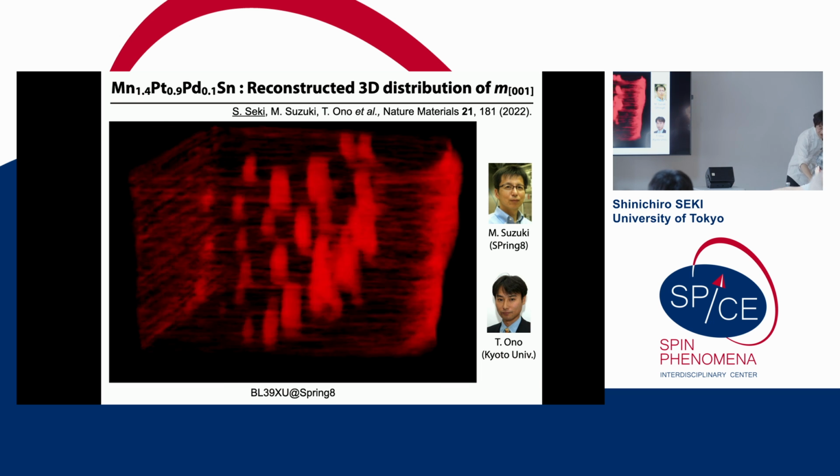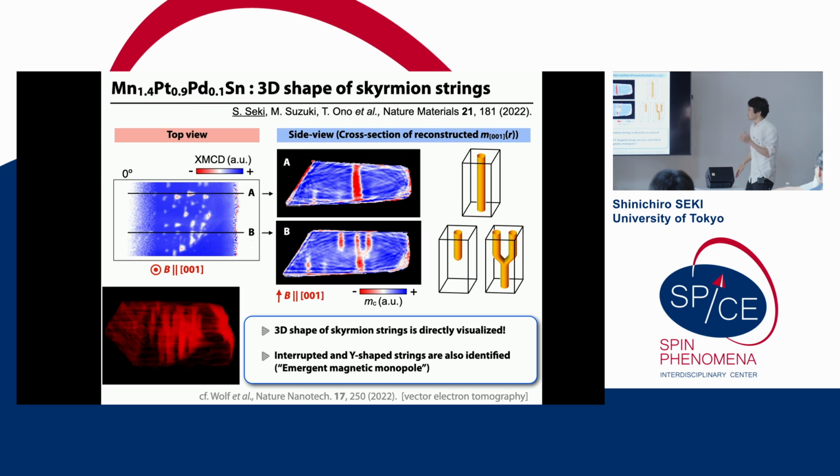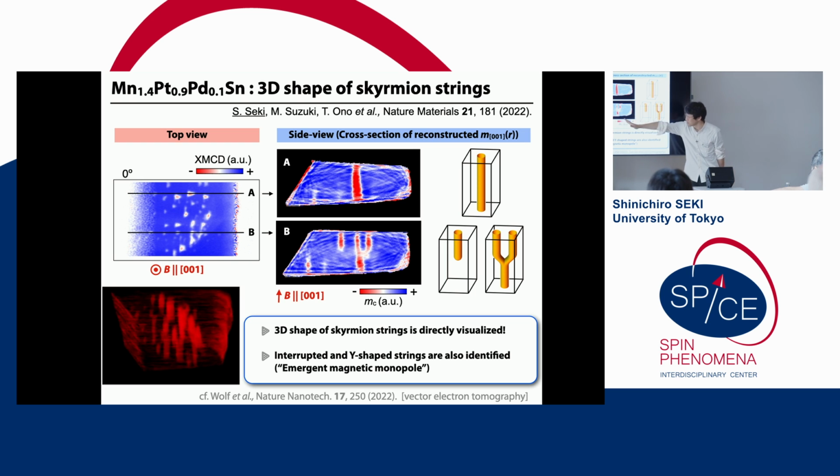To better understand these data, I plotted several cross-sectional images here. The left panel represents the top view XMCD transmission image. In this case, the skyrmion string was observed from the tube direction, so each particle-like pattern represents an individual skyrmion. When we cut the sample at this plane A, the corresponding cross-sectional image is like this.